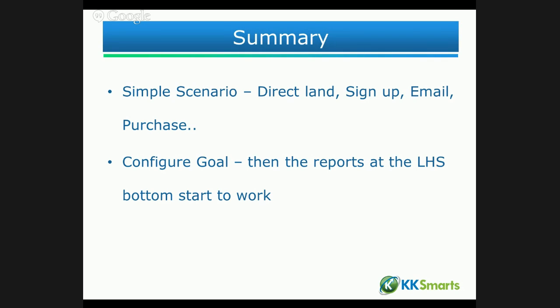And it's having got that goal in place that the reports at the bottom of the left-hand side that we've been talking about this afternoon, the assisted conversions and the model comparison work. So you'll recall that we can see where they first came from and you can see what pushed them over the line. Often it is email.